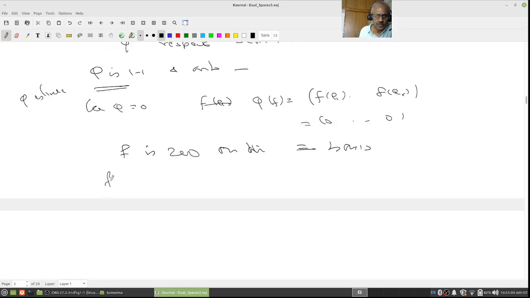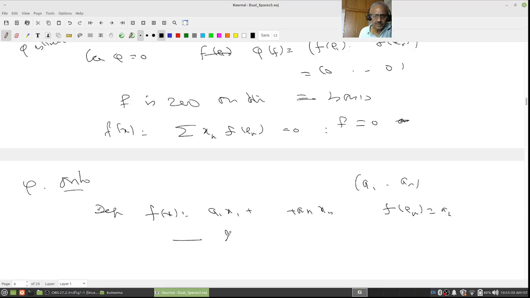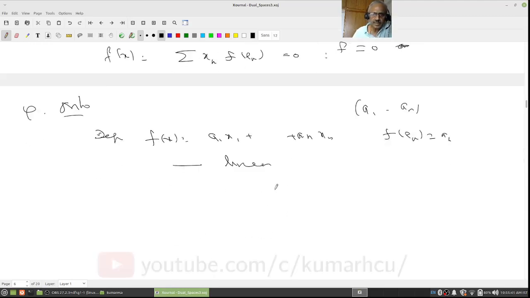Therefore f of x, which is the summation of x_k f of e_k, will be 0. Therefore f is the 0 map. Okay, one-one. Onto is clear. Phi is onto. Why? If you give me a1, a2, ..., an, we define f of x equal to a1 x1 plus ... plus an xn, which is the same as saying f of e_k will be a_k. We know this is linear, right?